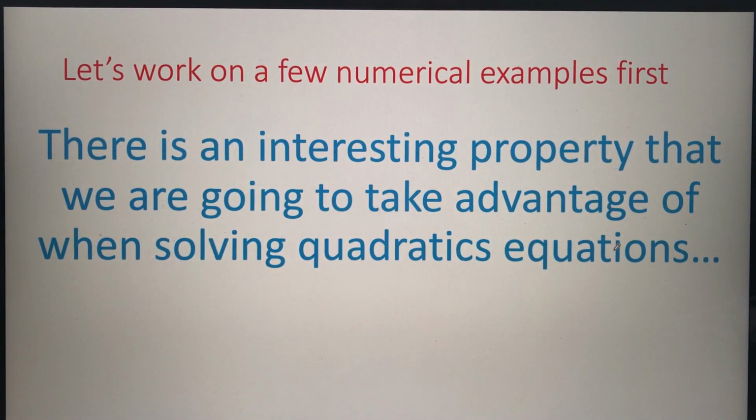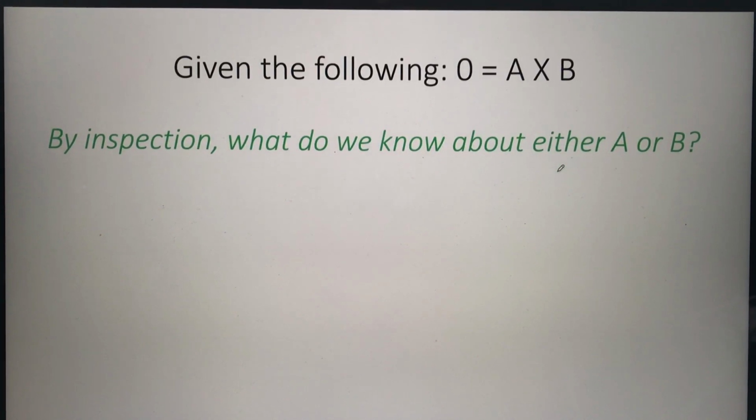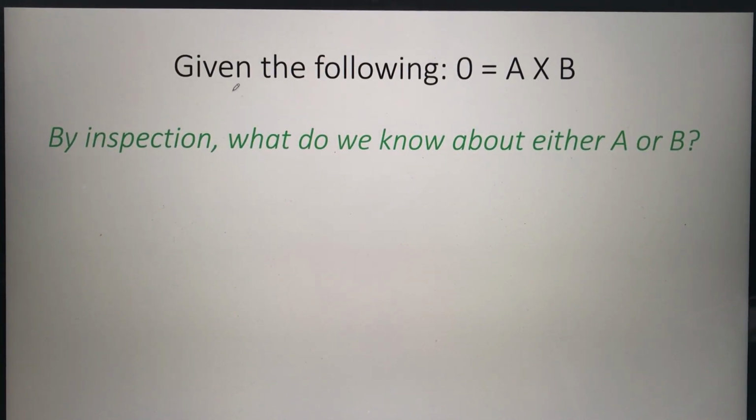So just before we do that, I want to take a look at a numerical example. There's an interesting property that we're going to take advantage of. Just think for a second. Suppose I'm given 0 equals a times b. By inspection, what do I know about a and b? If a times b is 0, then what has to be true for either a or b?